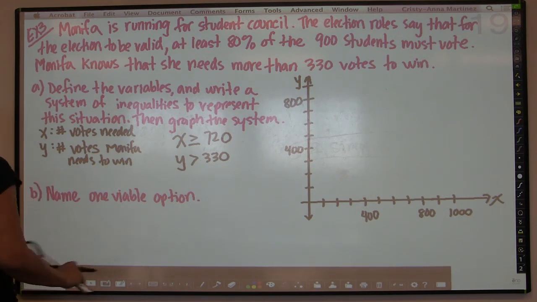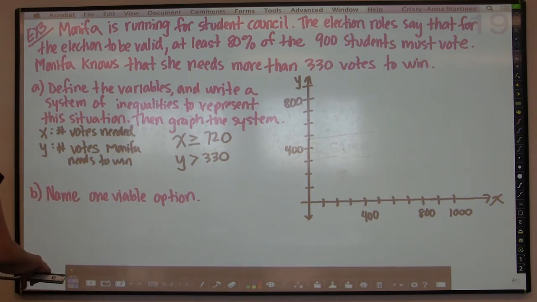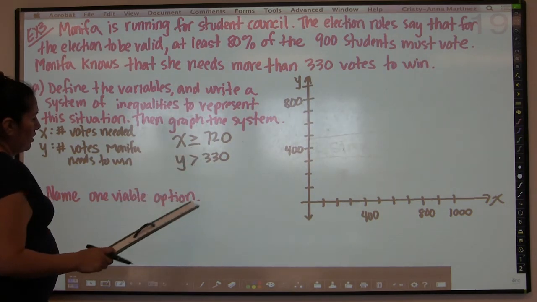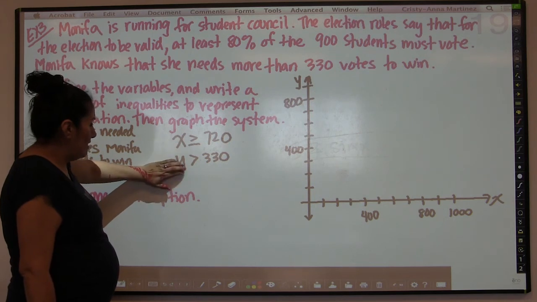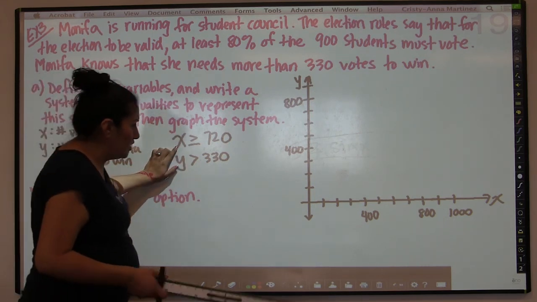So now, when you graph these equations, they're actually pretty easy to graph because you don't have two variables in the equation. Remember that when you only have one variable in the equation, this is a vertical line and this is a horizontal line. So on the x-axis, we need to find where 720 is.